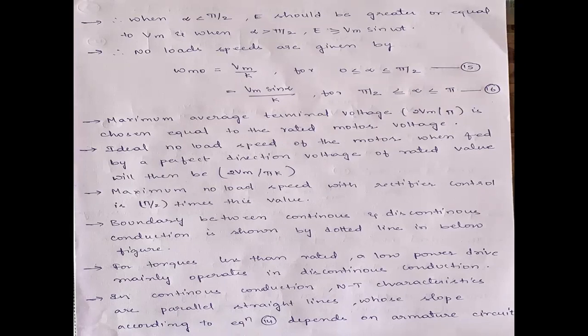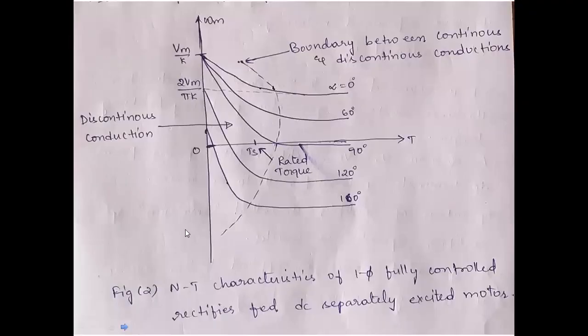See here, this is the line between the discontinuous and continuous modes. Up to this is discontinuous and beyond this is continuous.